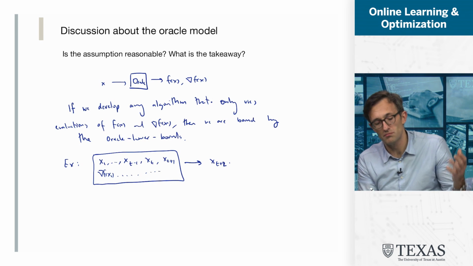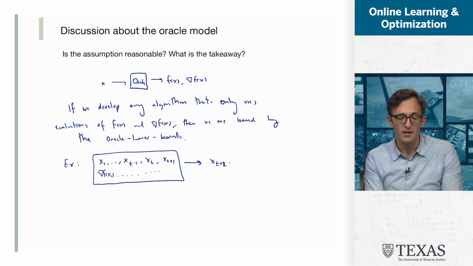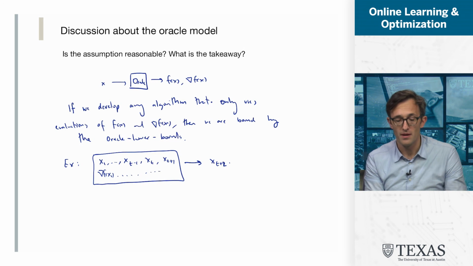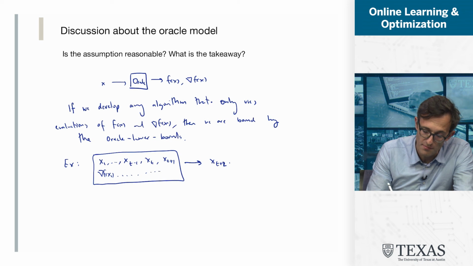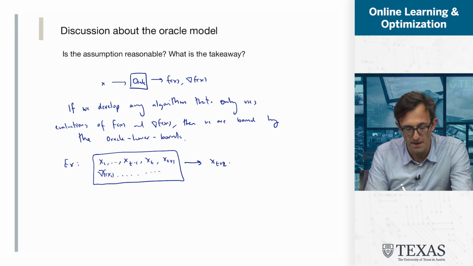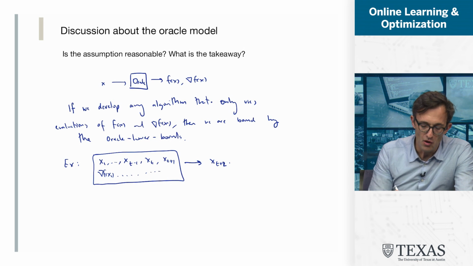We could keep asking ourselves, what if this function is arbitrarily complex? Could we keep doing better and better? The oracle bound exactly tells us how well we could expect any algorithm to do, because no matter what your algorithm is that's taking the history and producing x t plus 2, all it's doing is using evaluations of the function and evaluations of the gradient, and so you're bound by the lower bound.